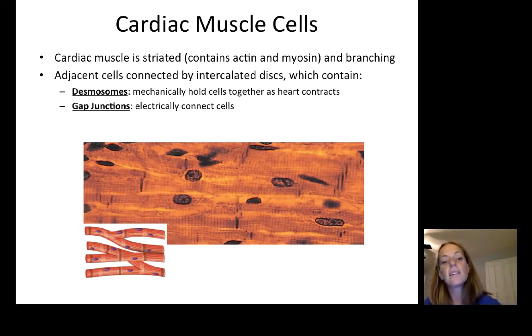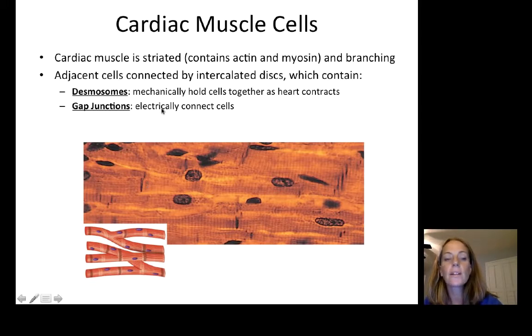To do that, in between the muscle cells, we have connections called intercalated discs. They're going to mechanically hold the cells together as the heart contracts and keep it strong so the cells don't pull apart.